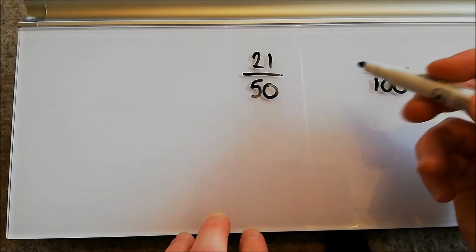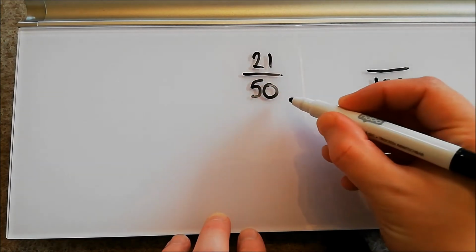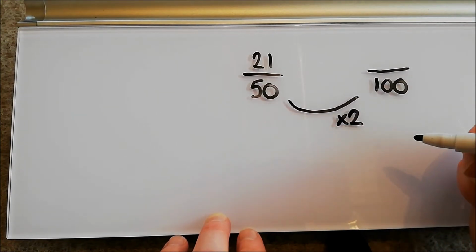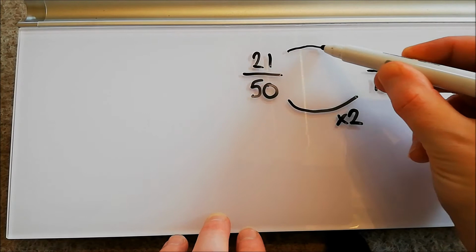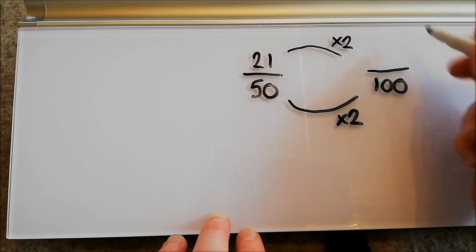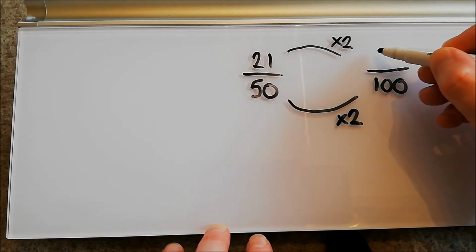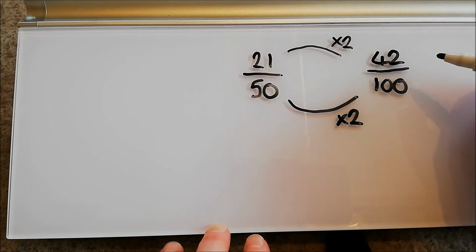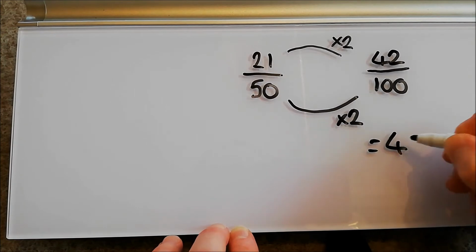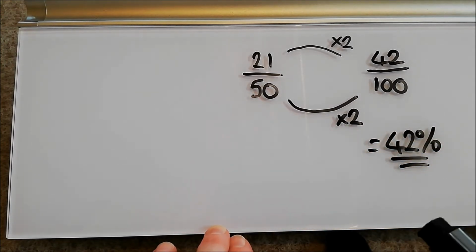If we write it as 21 over 50, we can scale that fraction up by timesing the denominator by 2. And just like in plain fractions work, we therefore have to times the numerator by 2 as well to keep the fraction representing the same portion, the same size of cake, if you will, which would give us 42. And 42 out of 100 equals 42%.